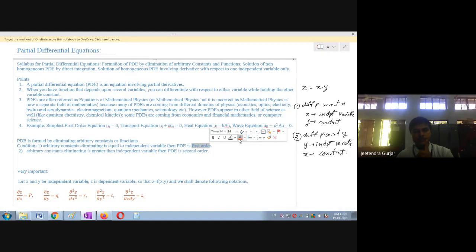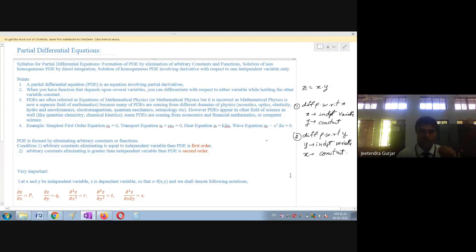Suppose the number of arbitrary constants eliminated is greater than the number of independent variables, then PDE is second order. So this is just a condition you have to remember.